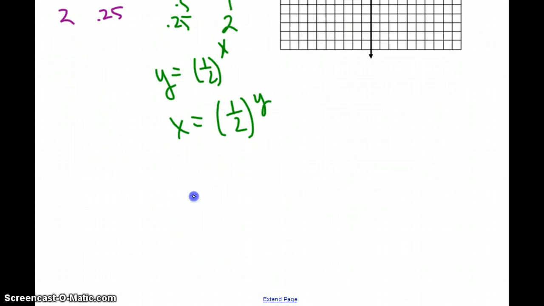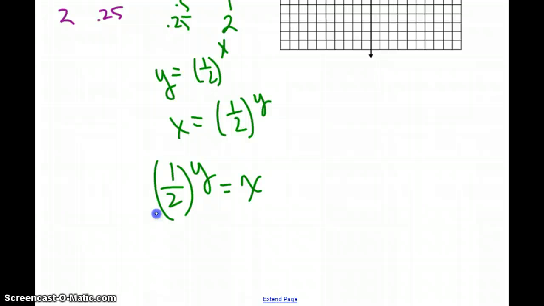Well, I can turn that into a logarithm. The inverse function of an exponential function is a logarithmic function. That's what we've been talking about for the last couple of days. You go back and forth from one to the other. So if I rewrite this, that'll make it a little easier to figure out what it's going to be. So now we know what our base is.